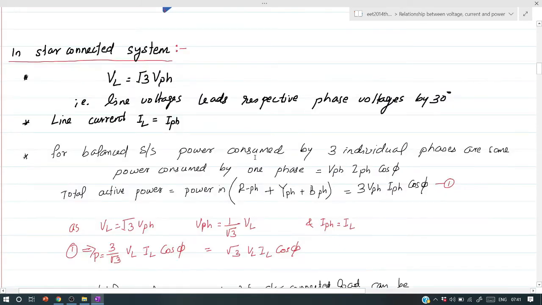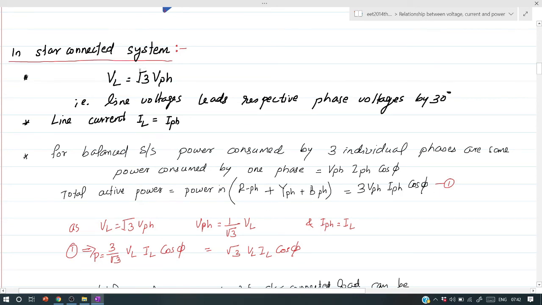Next information is that for balanced system, power consumed by three individual phases are same. Power consumed by one phase is VPH IPH cos phi. So total active power is power in R phase plus power in Y phase plus power in B phase. When we are considering that one, we can obtain the relation as total active power is equal to 3 VPH IPH cos phi.